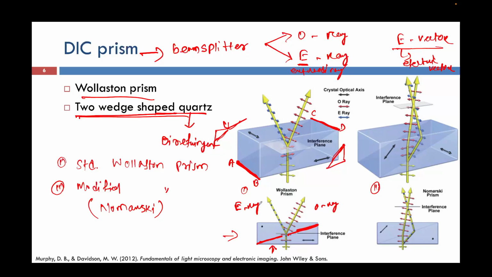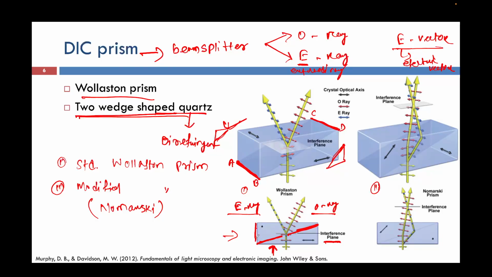The electric vectors of the ordinary ray and the extraordinary ray vibrate mutually perpendicular to each other. Since one beam is getting converted to two different beams, you can see the interference plane in a standard Wollaston prism is cut in such a way that it lies inside the quartz. So the crystals are cut such that the interference plane lies inside the quartz.